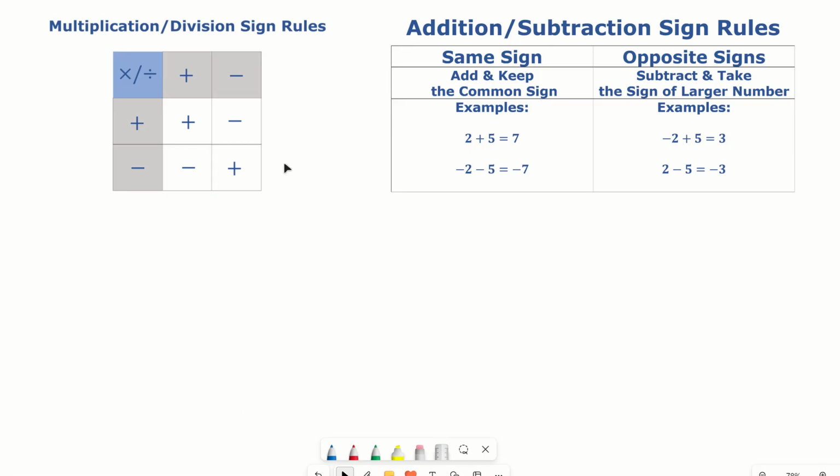All right, now that we have our multiplication division sign rules, and we have our addition and subtraction sign rules, we notice that this gives us the ability to do a lot of the computations that we used to do before in a much faster and simpler way, okay?